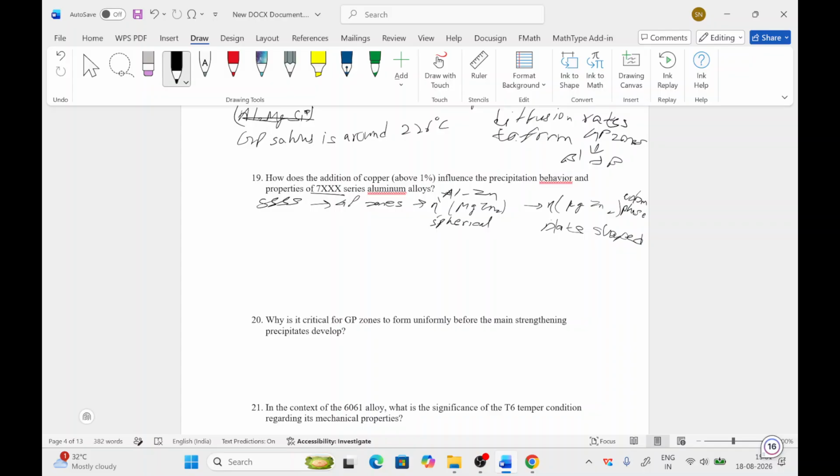So if we add copper to an aluminum zinc alloy, let's consider a 7075 aluminum alloy.